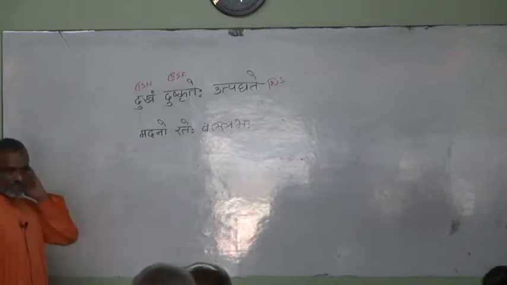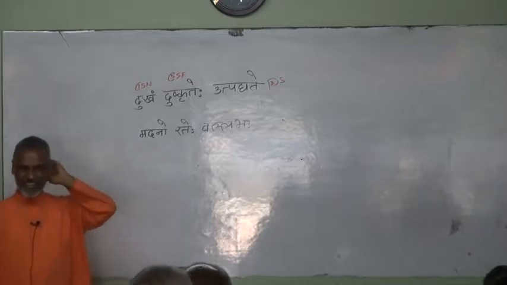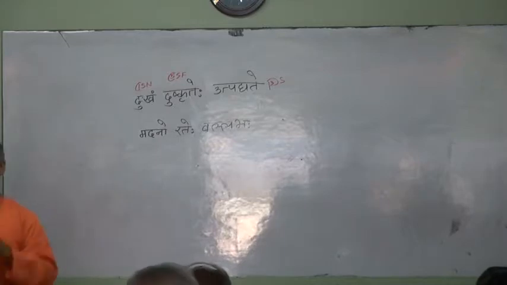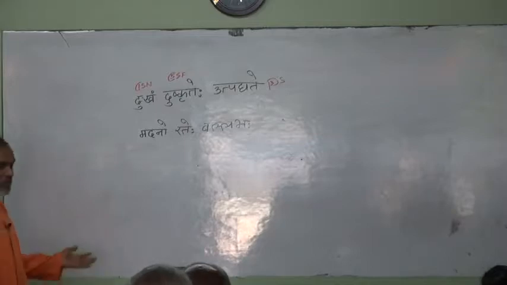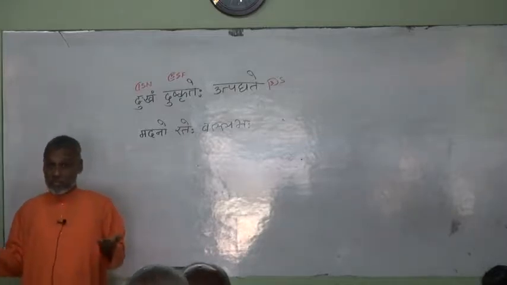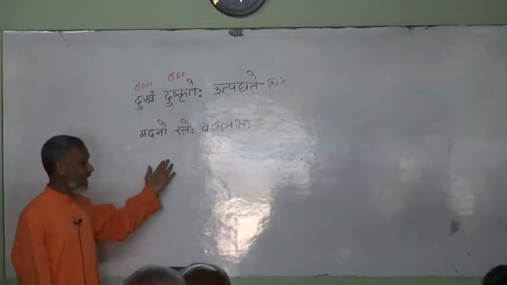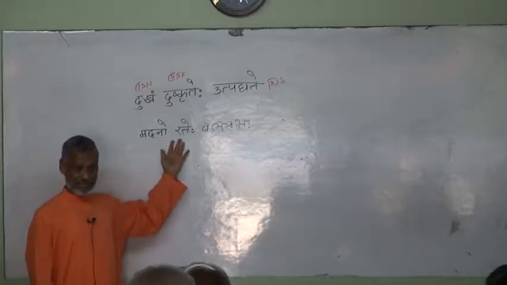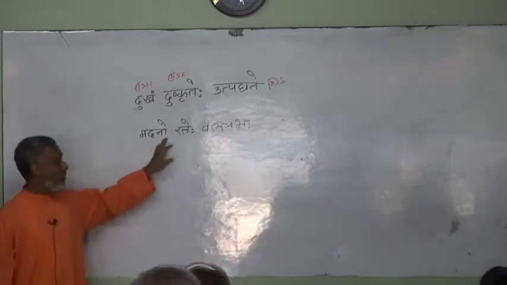Madanaha. Well, same thing. What happened? I have Madano in my book. To make it easy for you, I put Madanaha when I write it on the board. But you will not find Madanaha in any literature anywhere. You will find it like this. Right? So that then you know.